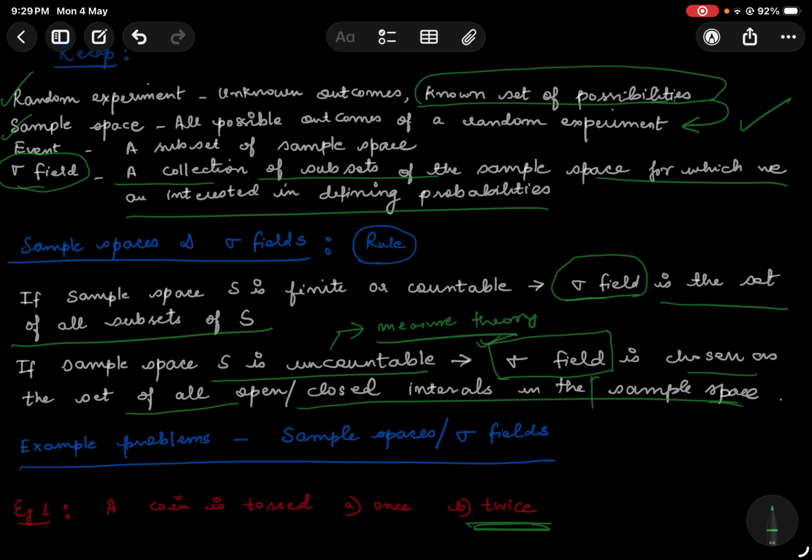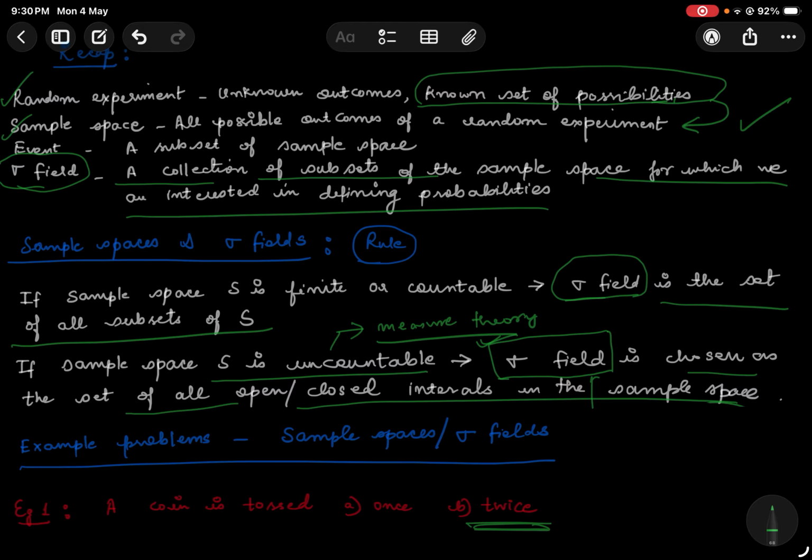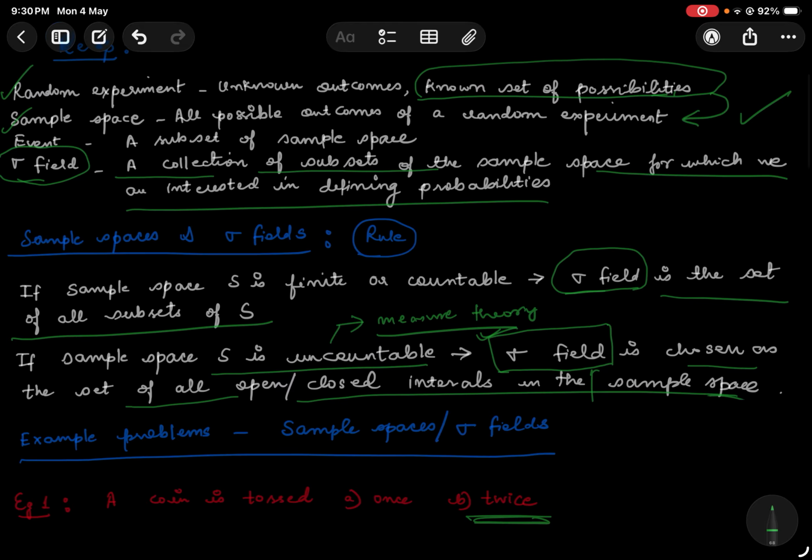A sample space can be finite, it can be infinite but countable, and it can be infinite but uncountable. So there are different sample spaces that are possible, and we'll try to study all different types of sample spaces in this lecture. So just keep listening on.